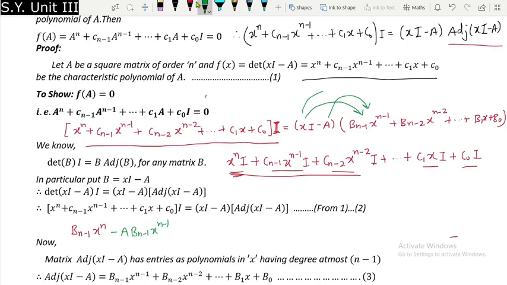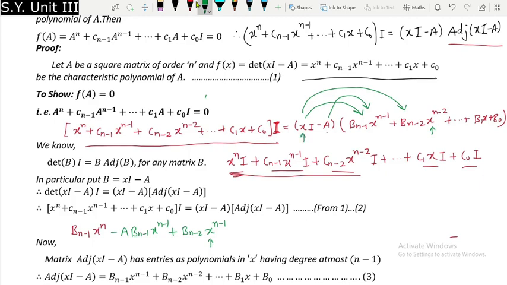Now this xi with this term, so it will be plus bn minus 2 x raised to n minus 1. Over here power of x is n minus 2, and here I have written n minus 1, so one power will be reduced due to this x.